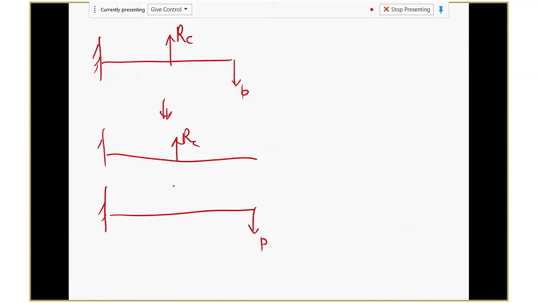So this one plus this one will equal the top one. You divide this problem by superposition into multiple problems that you have basic solutions for already. Now for each of these two, we can always find a solution.